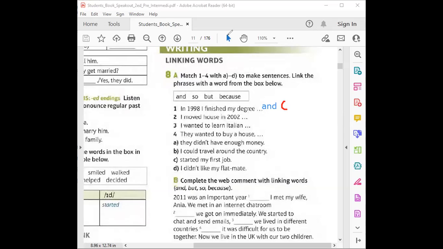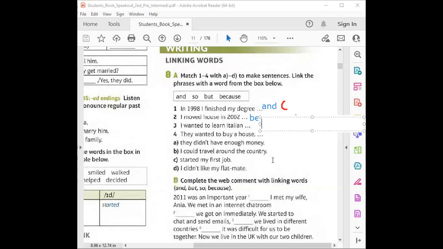I moved house in 2002, but I didn't like my flatmate. Because I didn't like my flatmate, right? Because. And here I didn't like my flatmate is D. Thank you. Now it's turn for Sarah. Go ahead, Sarah.